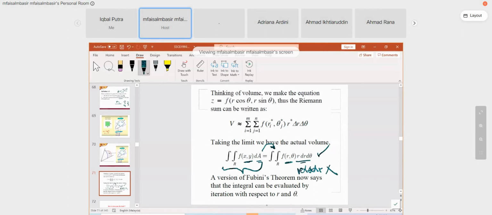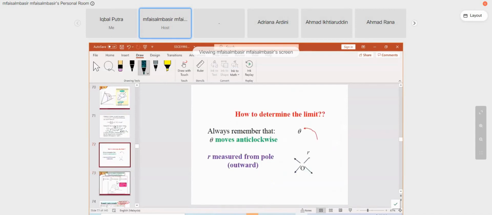Which means the inside limit should be R1, a function of theta, and this is R2, a function of theta. Here will be theta 1, theta 2, which are constants. It can be pi, it can be a number. As I told you, theta moves anti-clockwise from the positive x-axis.